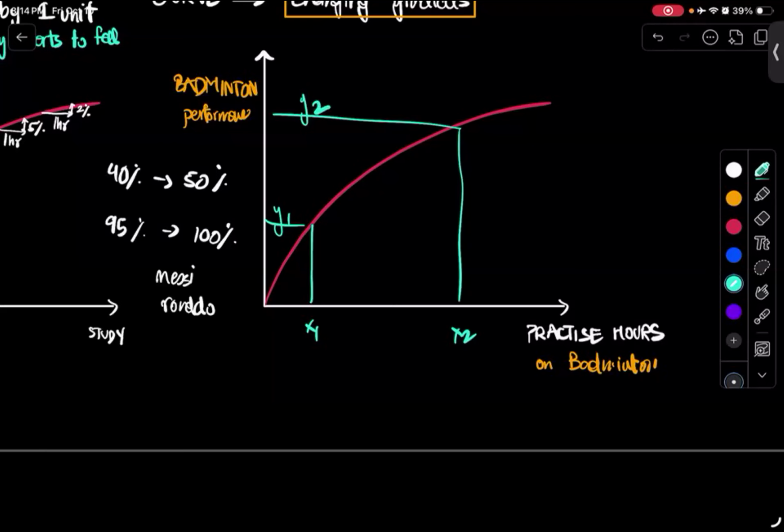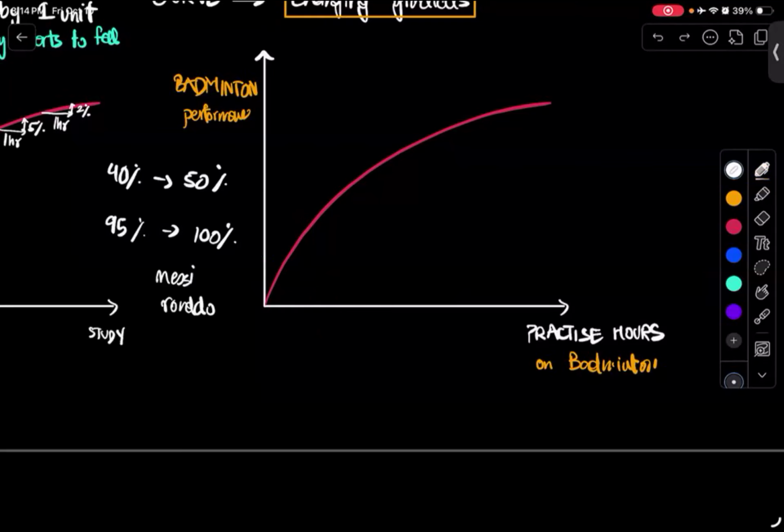That works for a straight line, rise over run, but we can't do that for a curve.